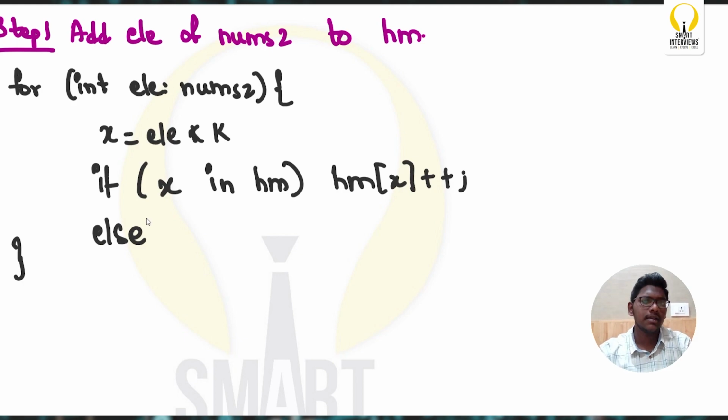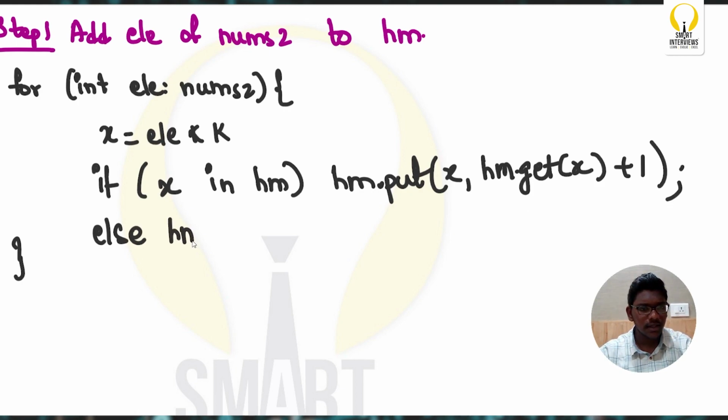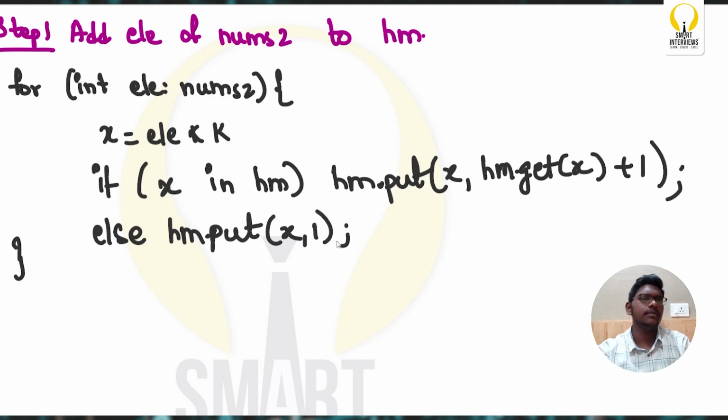Else, what will I do? Or to write the exact syntax, hm dot put x comma hm dot get x plus 1. Else, you'll simply put x comma 1.